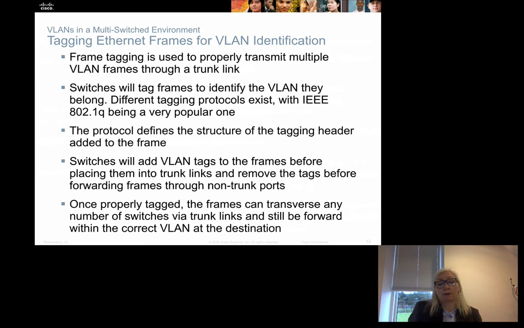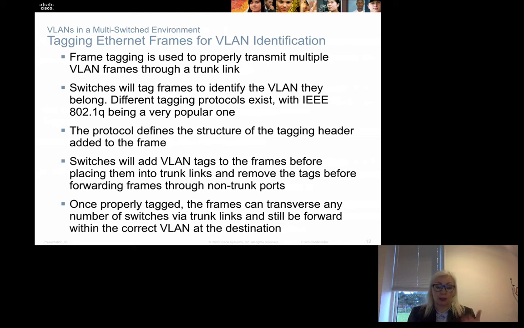So what we actually do is that we tag the Ethernet frames for VLAN identification, especially when we are using trunking. Because then we send them all through the same cable, we need to make sure which VLAN belongs to where. So in this case, we just put on a small tag, and this is where we identify the VLAN.